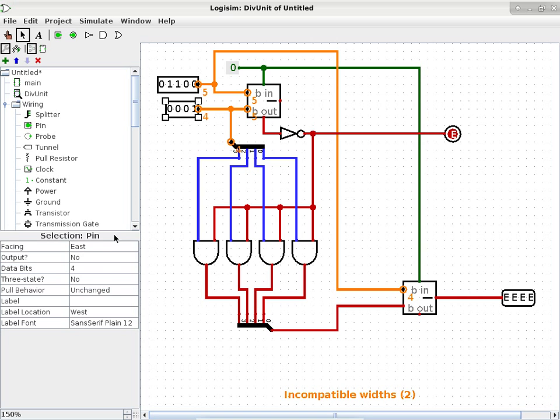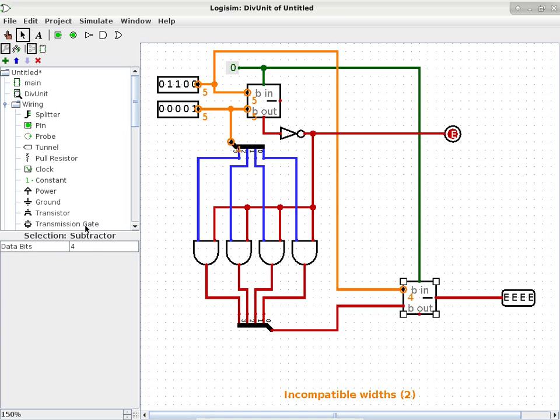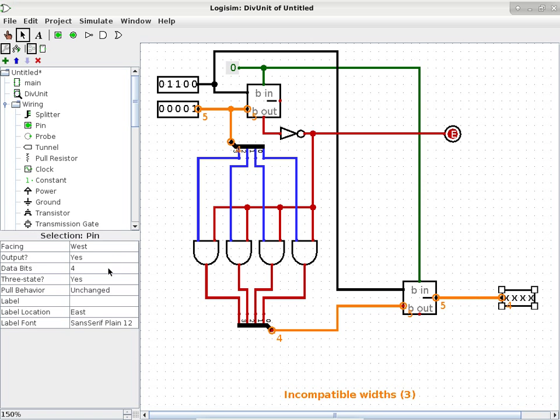And of course, it has to change everything to 5-bit wide. This needs to be 5-bit wide. That needs to be 5-bit wide. That needs to be 5-bit wide. And that needs to be 5-bit wide. Oh, we need 1 more of these.